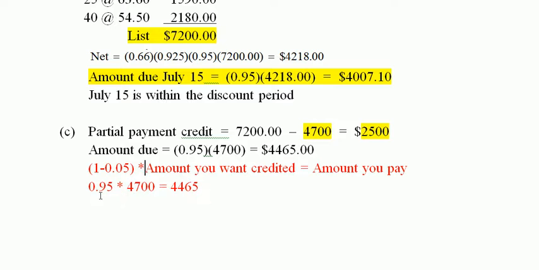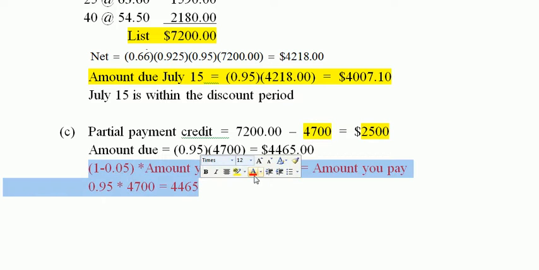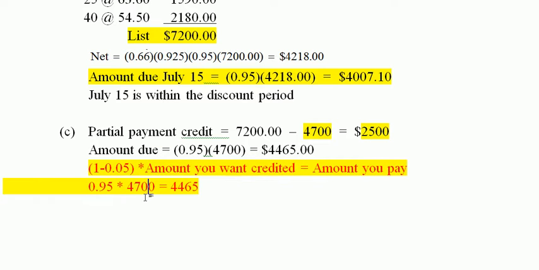So 1 minus 0.05 is 0.95. We want them to credit our account with 4,700. So we multiply 0.95 times 4,700, and the answer is 4465.